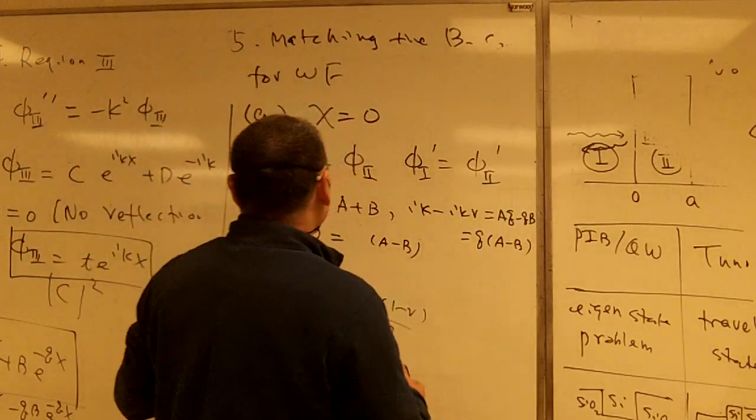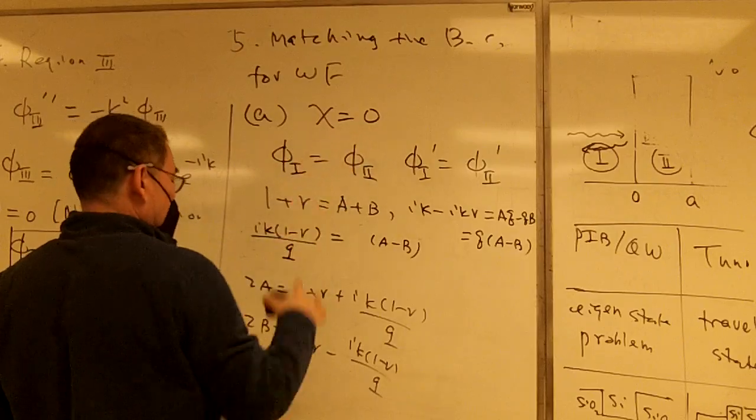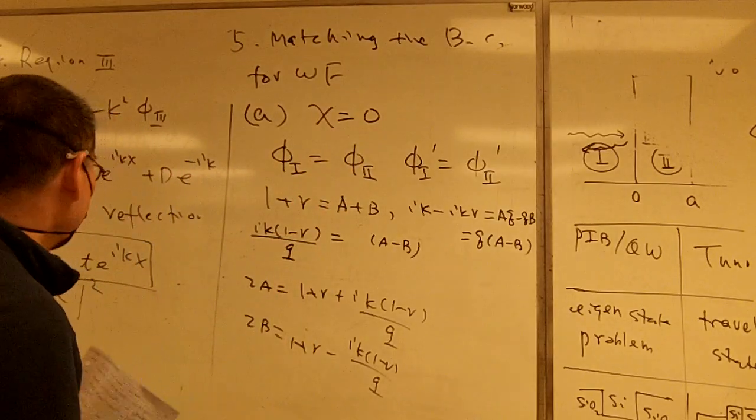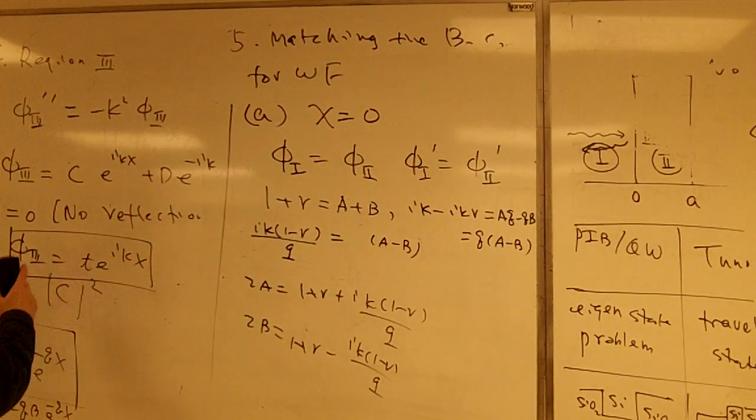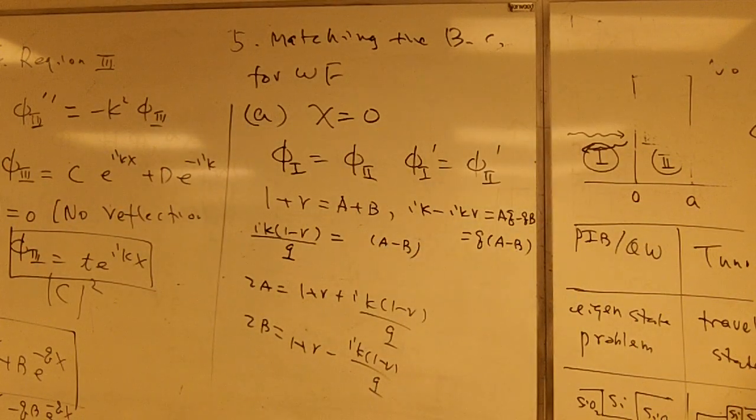Let me finish the next boundary condition. So for this boundary, x equals 0, we have these relations, and in the end we will get t here as well. I will leave my diagram here and won't erase it, so that you can follow the quantum well and the barrier itself.